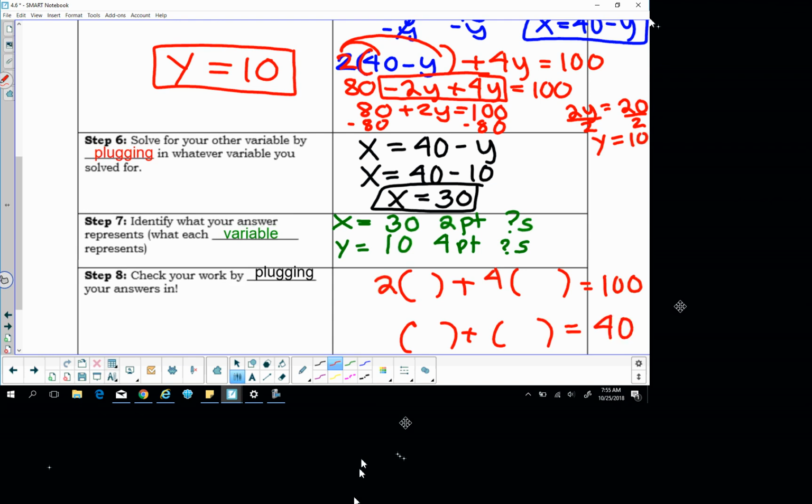And so I know for x I got 30, and for y I got 10. And so when you plug these in, is 30 plus 10 40? Yep. And 60 plus 40 is 100. Yeah, so I know I got it right.